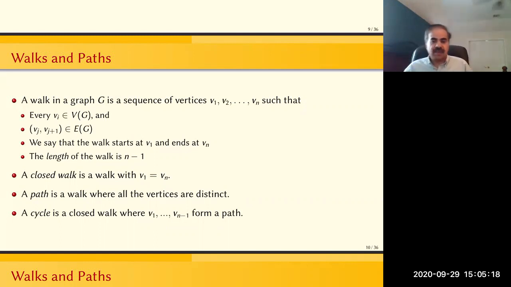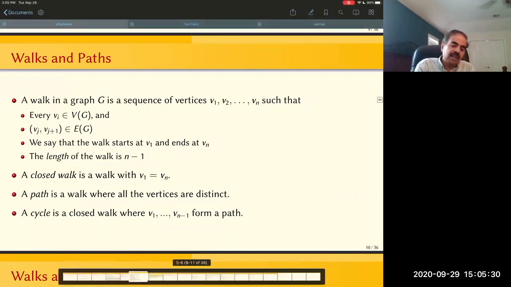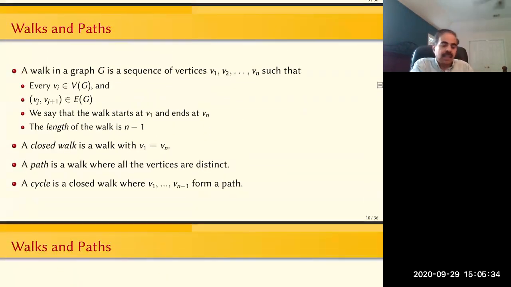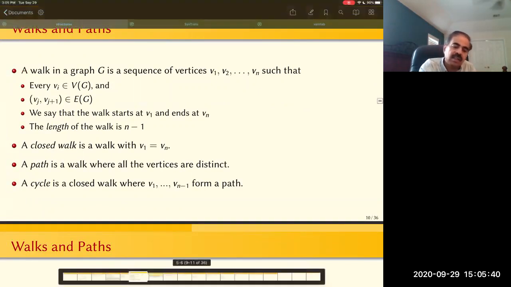So in the last lecture, we were talking about graphs and we defined some terms. So let's review these terms and then go from there, right? So a graph consists of vertices, which are called V, right?